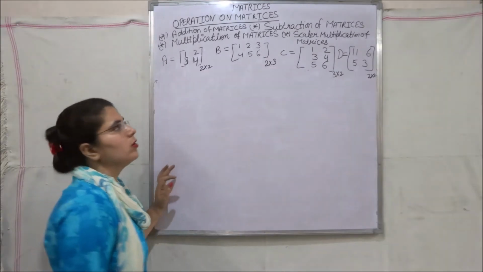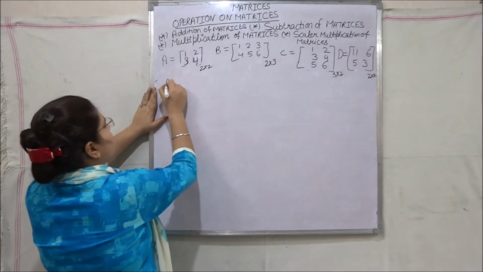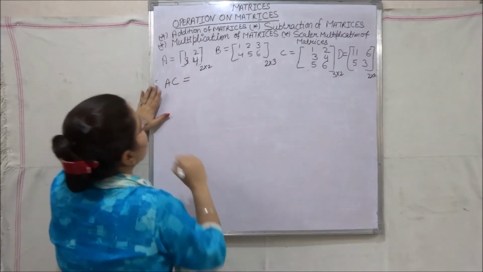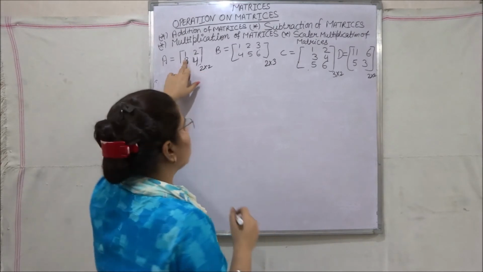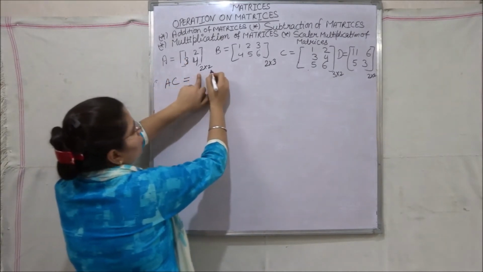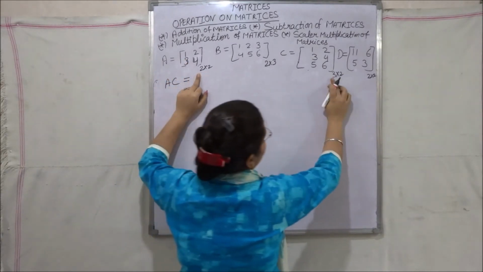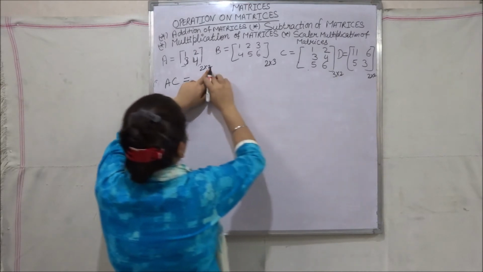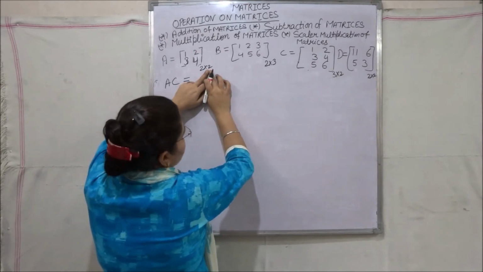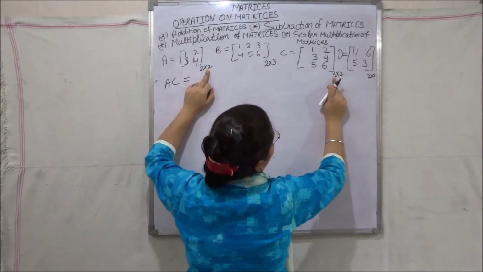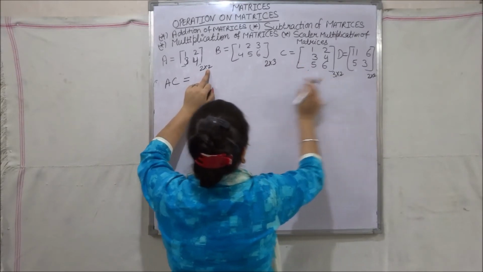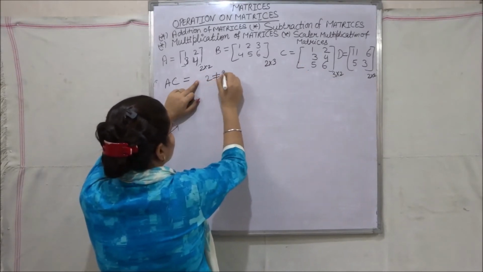So now we will multiply matrix A into C. Let's check whether it is possible or not. A is of order 2 cross 2 and C is of order 3 cross 2. The number of columns of matrix A is 2 and the number of rows of matrix C is 3. So 2 is not equal to 3.